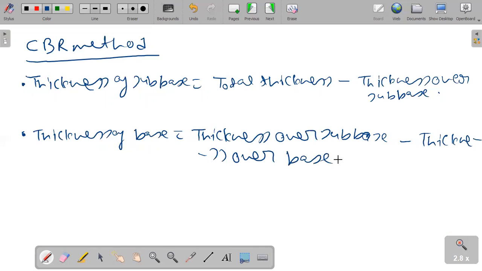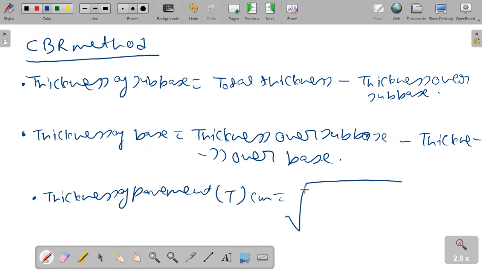And we have a formula for thickness of pavement, represented as T in centimeter, which is under root 1.75 P upon CBR value in percentage, minus P upon p pi.